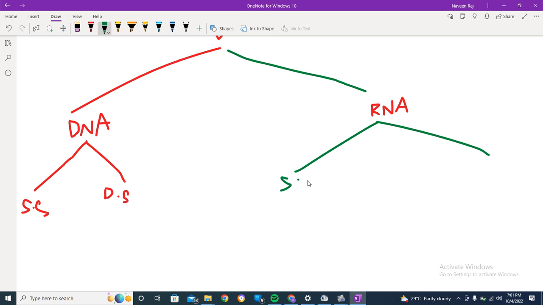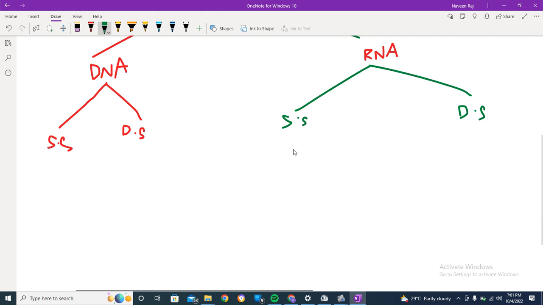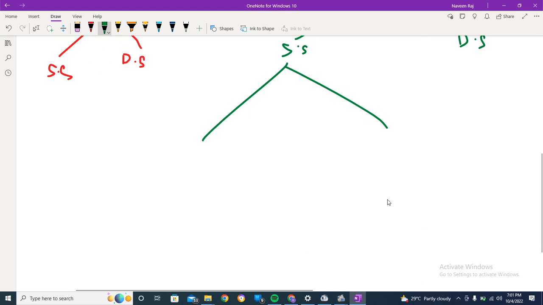Now, in single stranded we have further categories. In single stranded we have enveloped and non-enveloped.